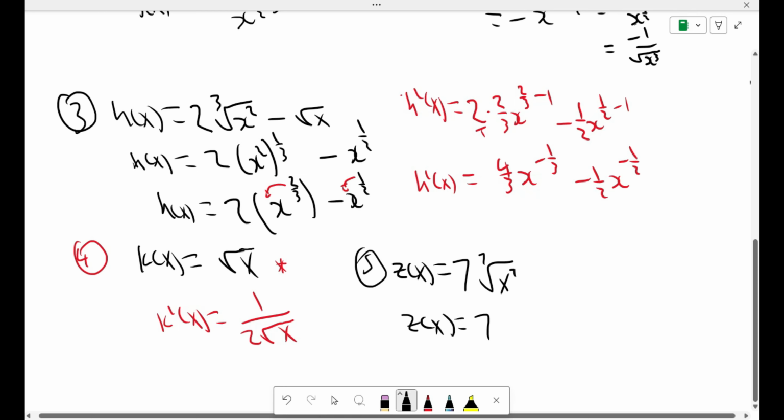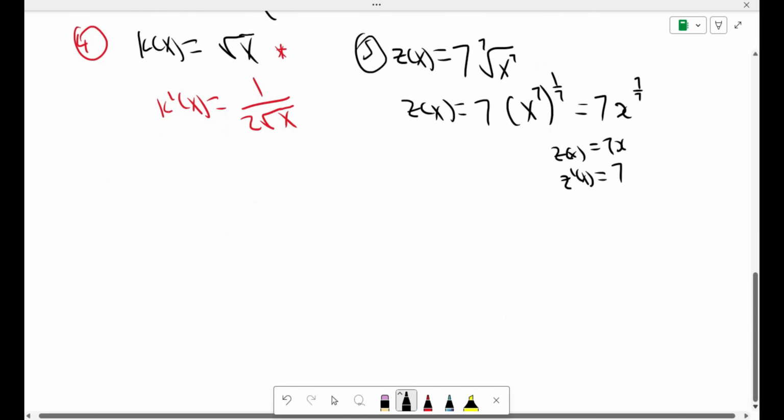So we'll have 7, the x is to the power 7, but the exponent 1 over 7th power. So we'll have 7 x to the 7 over 7, which is 7x. This is still our z of x. And then you can guess z prime of x will be 7.